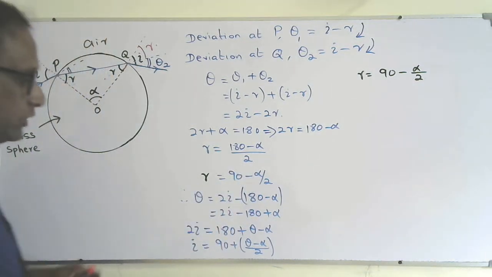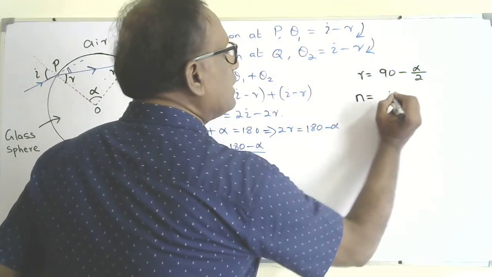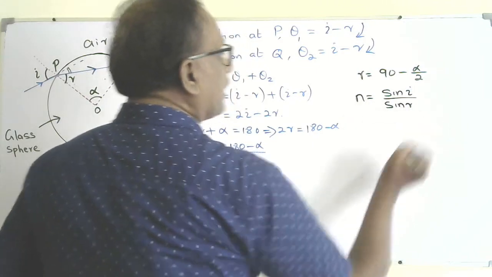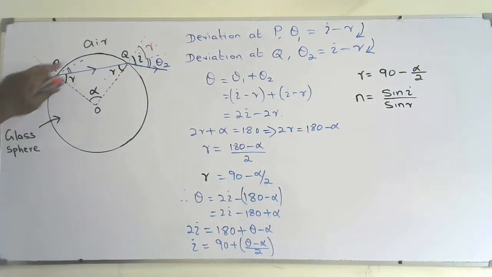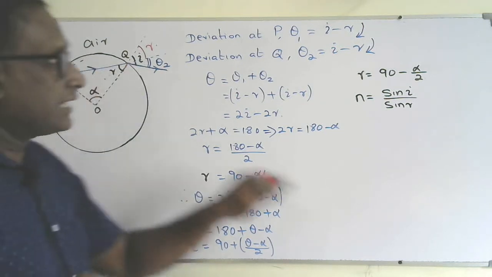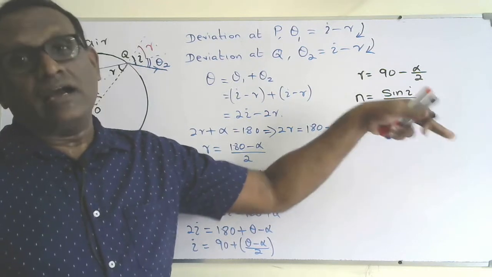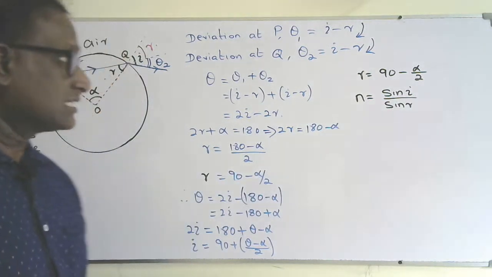Okay, so I know that n equals sine I over sine R at this boundary. I is the angle with the normal to the boundary in air. R is the angle of refraction inside the glass sphere.